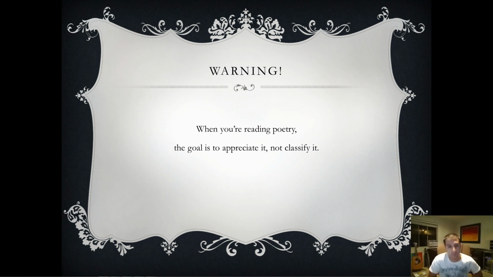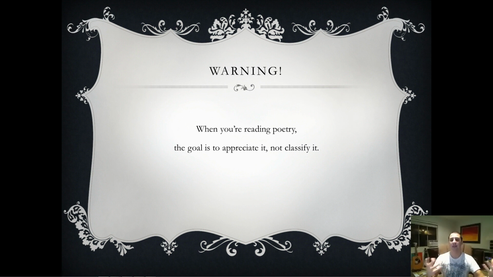Now, warning, when you're reading poetry, the goal isn't to classify all the lines. The goal of poetry isn't to sit there and say, oh, this is a parallel of expansion or a parallelism of contrast. That's not the purpose of poetry. That's not our goal. Our real goal is to appreciate it.